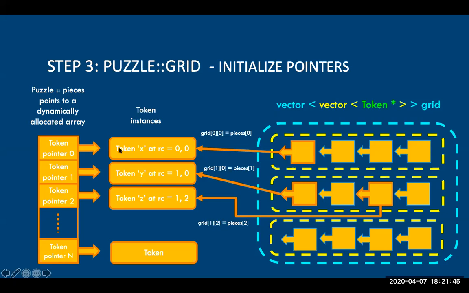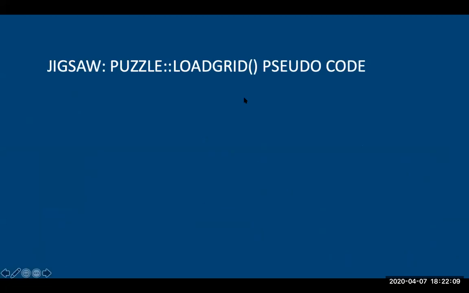It'll be pointed to by a pointer from the dynamic array, but it'll also be pointed to by its proper location in the grid, in the vector of token star, token pointers. Questions on that? Okay, cool.